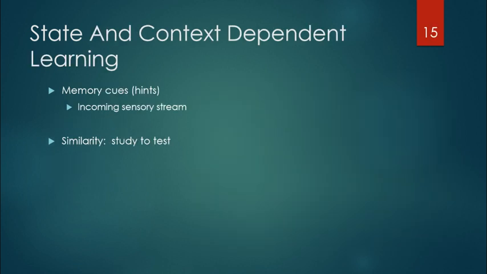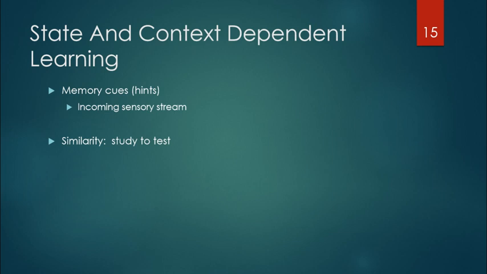All right, so why does this improve? State-dependent learning, context-dependent learning, why do these improve our memory performance? Well, our internal mental state and our external environment, these are all memory cues. When we are learning something, our mind is taking in every single piece of information that it possibly can, including our internal mental state and our external environment.